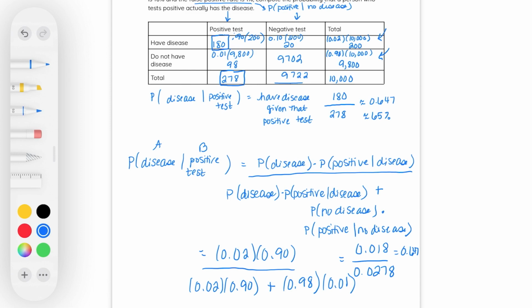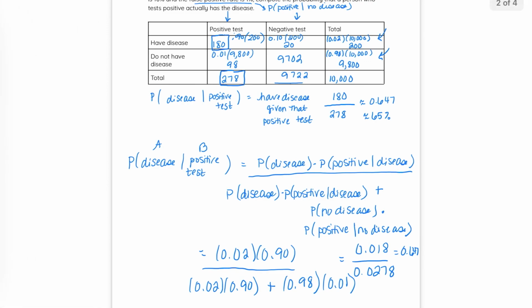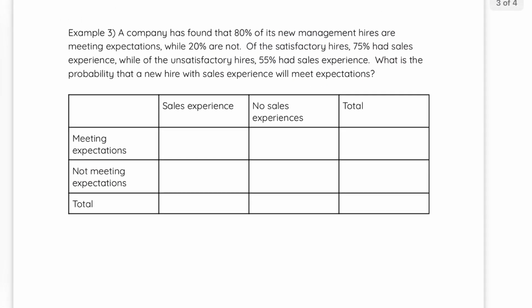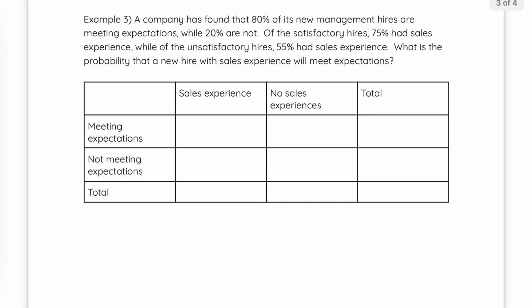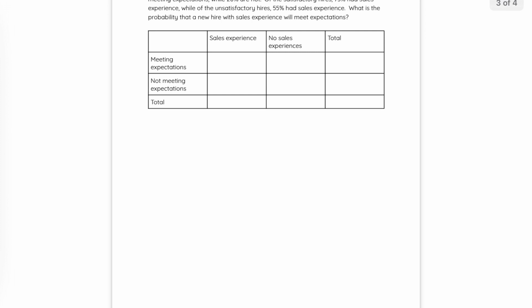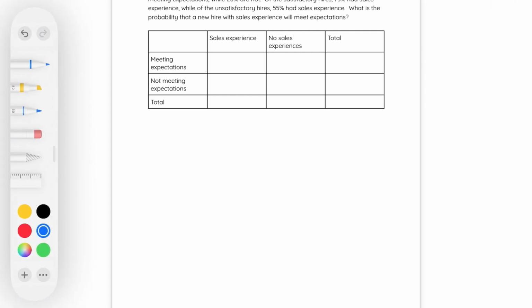Again, you can utilize the table or the formula, whatever makes the most sense to you. So let's try a different circumstance and just use the table to work our way through. A company has found 80% of its new management hires are meeting expectations while 20% are not. So to build this table, we're either going to be meeting expectations or we're not.